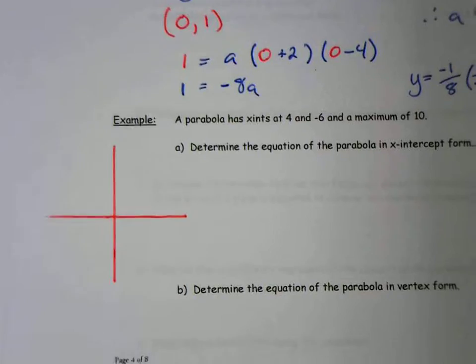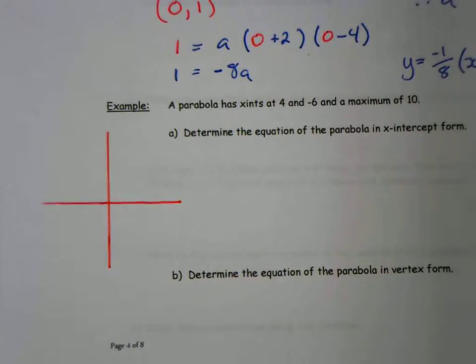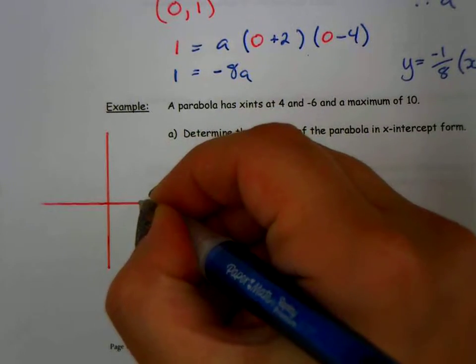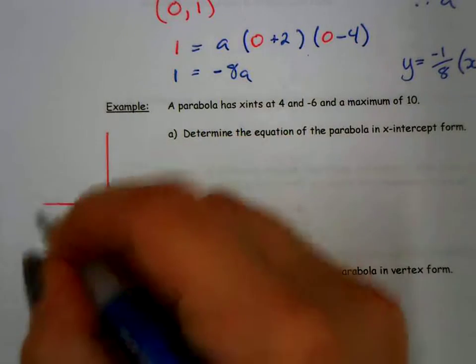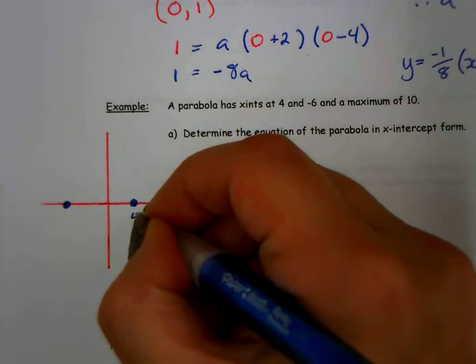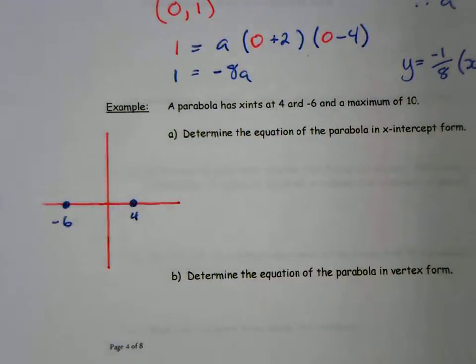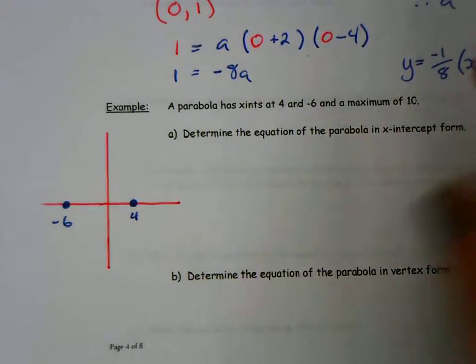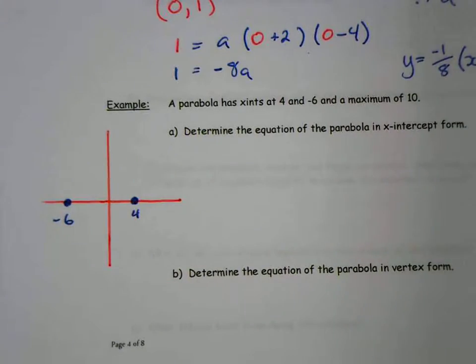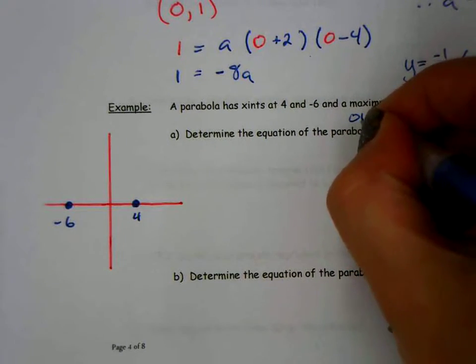So I've been told that my x-intercepts are at +4 and -6. And I have a maximum of 10. So this maximum tells me that it opens down.